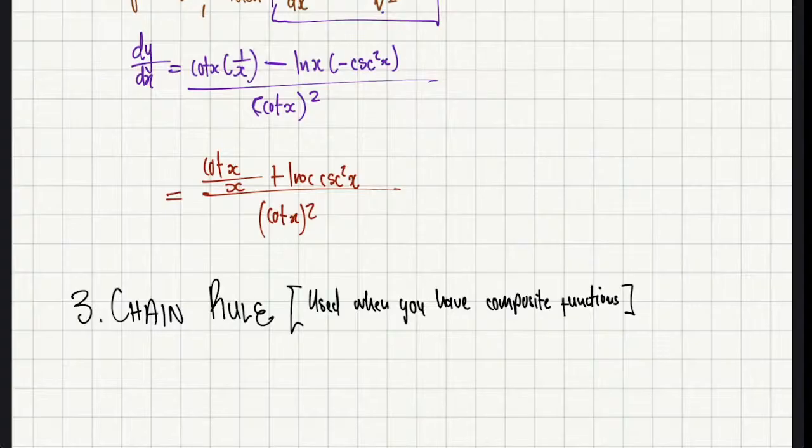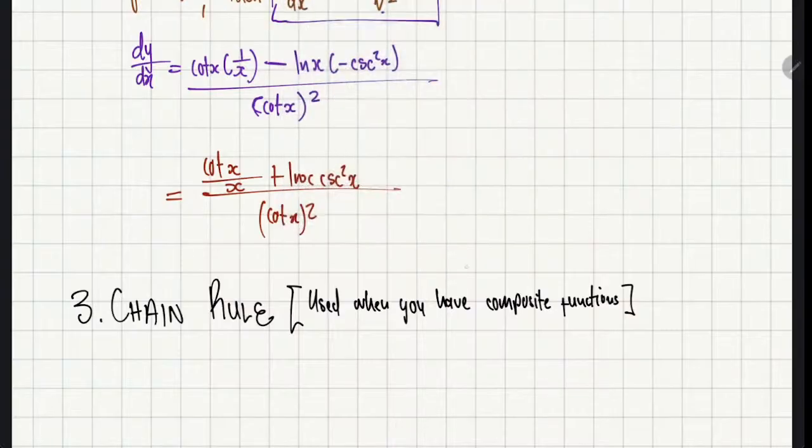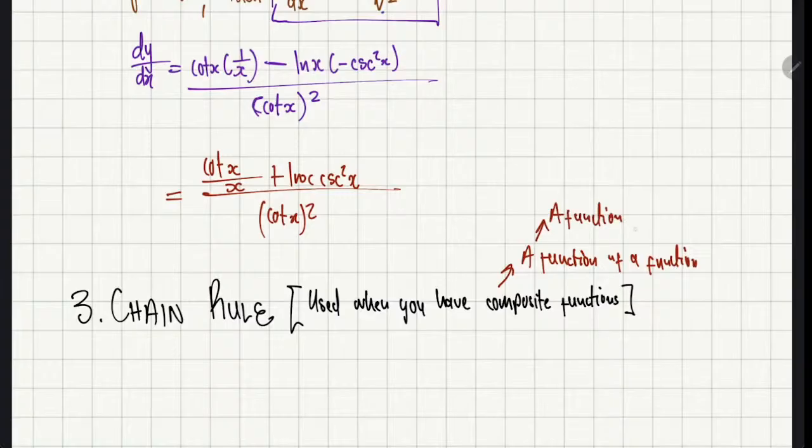Composite functions, I want you to say here in brackets, a function of a function, which just means a function inside another.